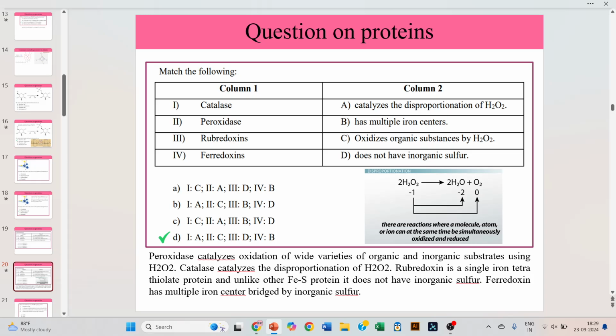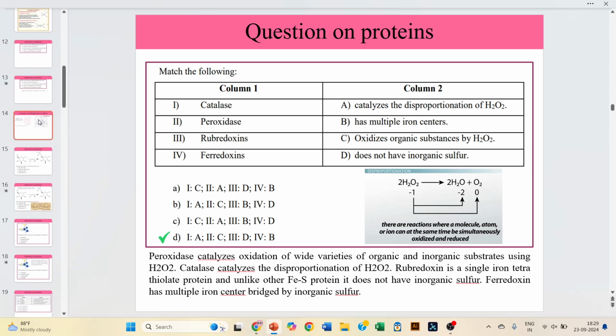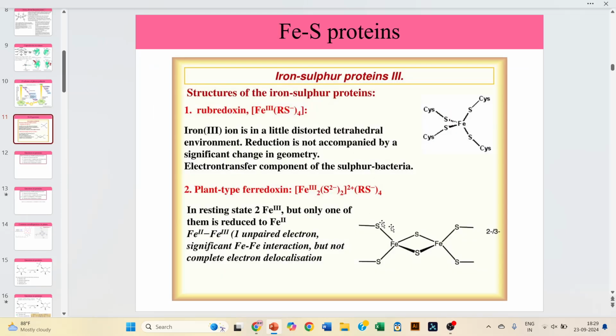Coming to rubredoxin, this is a single iron tetrathiolate protein, and unlike other Fe-S proteins, it does not have inorganic sulfur. Coming to ferredoxin, it has multiple iron centers bridged by inorganic sulfur. If you go back to this diagram, you see that it has multiple centers bridged by inorganic sulfur.